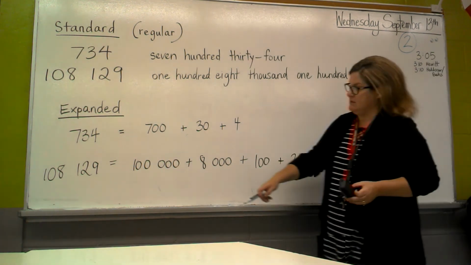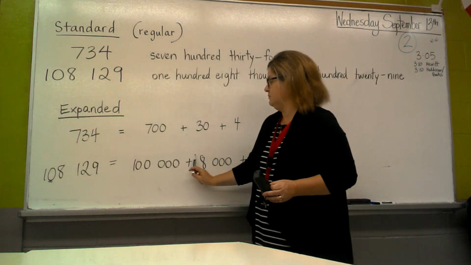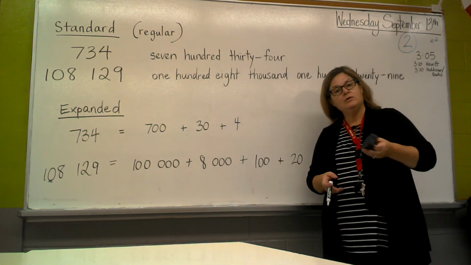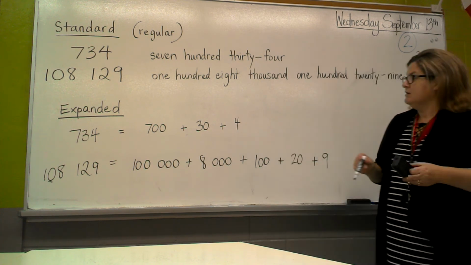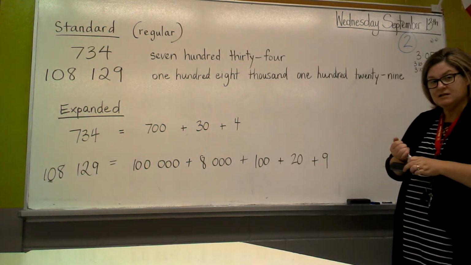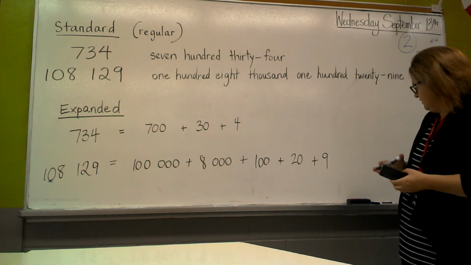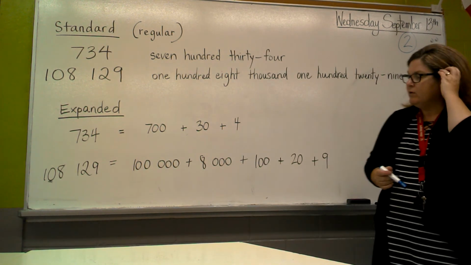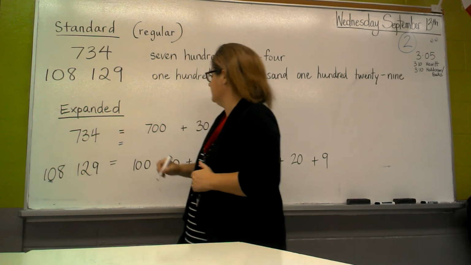You can see we didn't even include the 0 in between the 100,000 and the 8,000 because there were no digits in the column for 10,000. Now, where we're going to expand here today is taking what students recognize as expanded form, and this is review from previous grades, and now going one step further to look something like this.